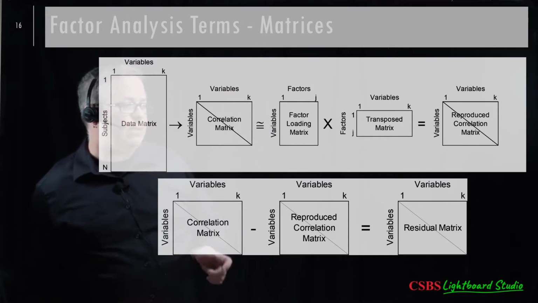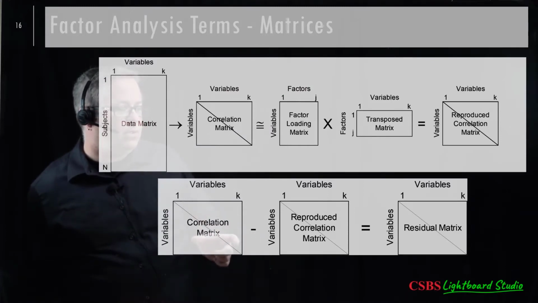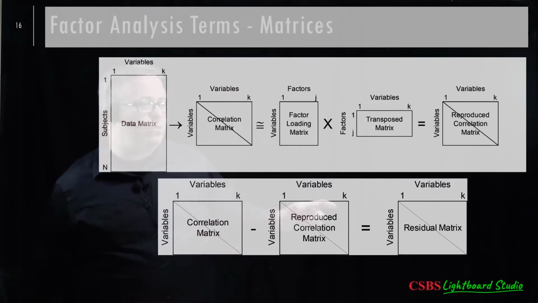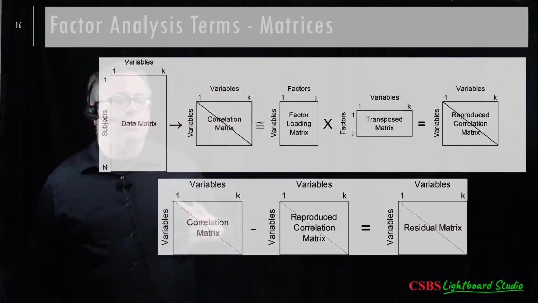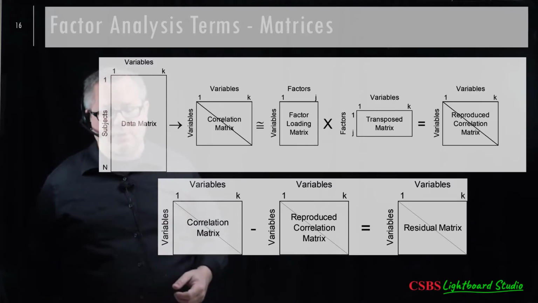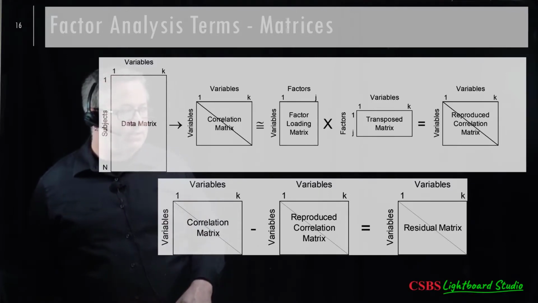The closer the reproduced matrix is to the original matrix, the better our factors are doing. And we can look at that by taking our original, subtracting out our reproduced matrix, and what's left is something called the residual matrix. If everything in this residual matrix is 0, then our reproduced matrix perfectly captures the original matrix.